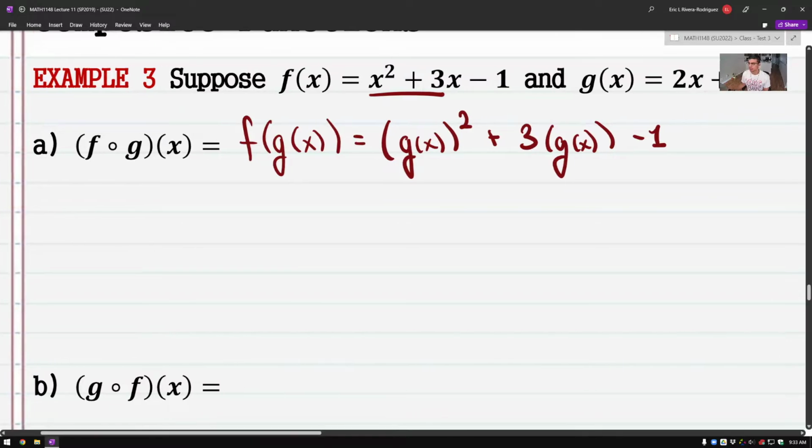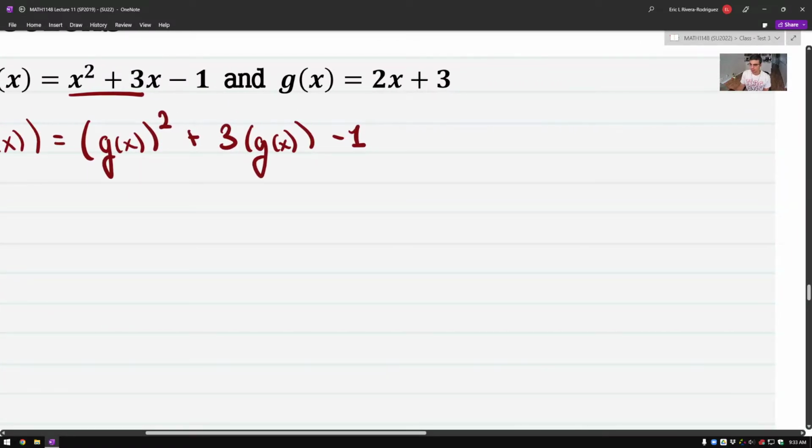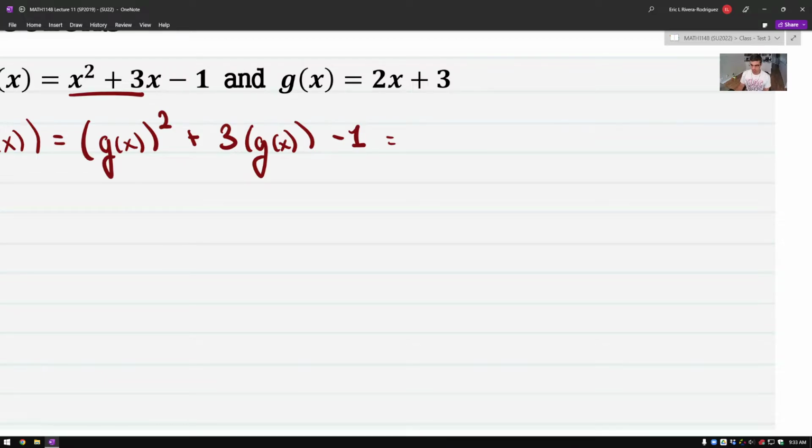Then I will replace g of x with its definition. At this point, we are good. We have done the composition correctly.